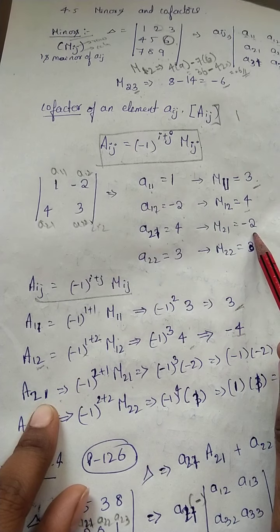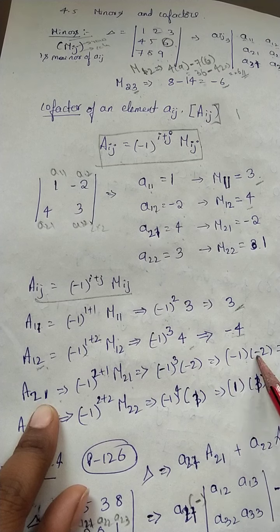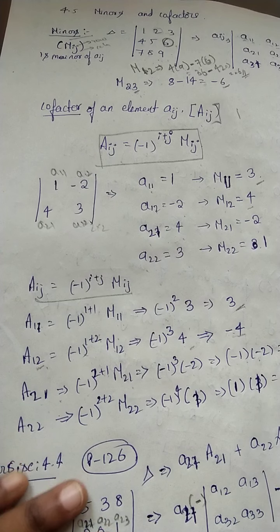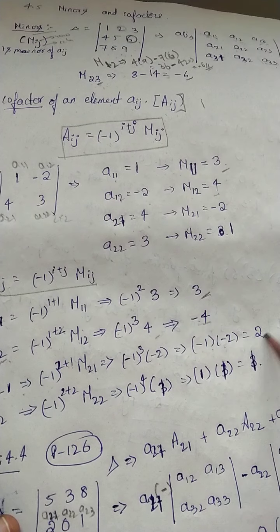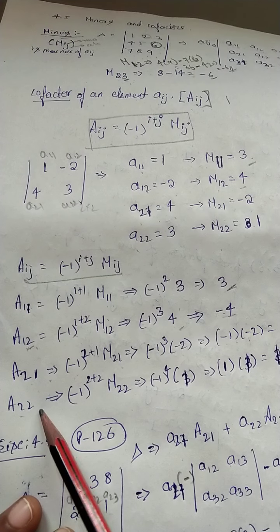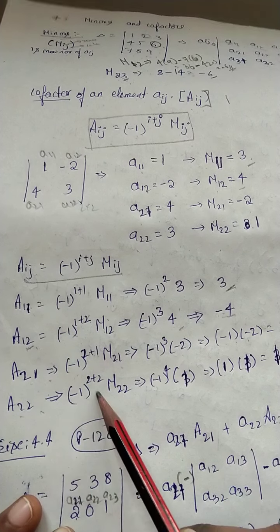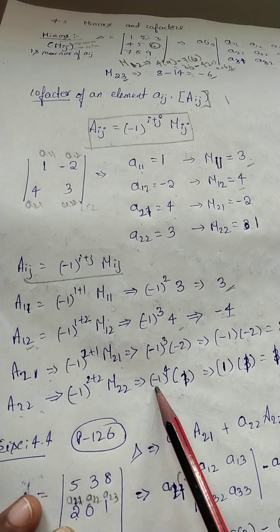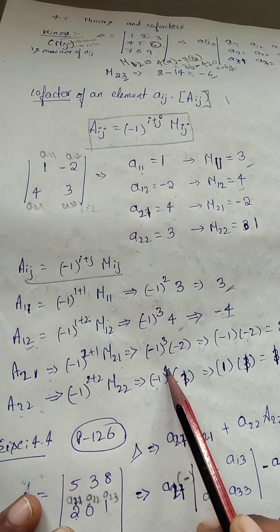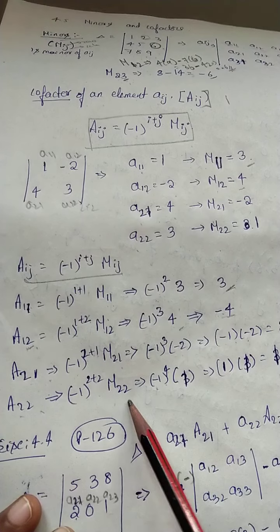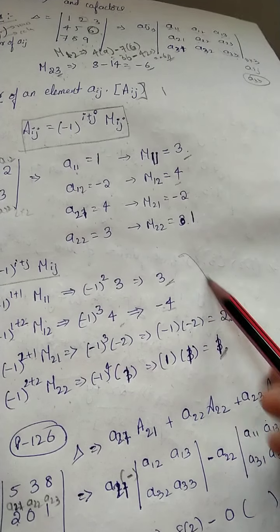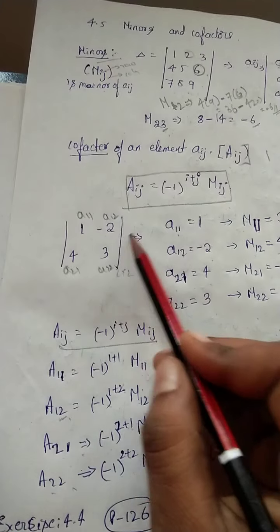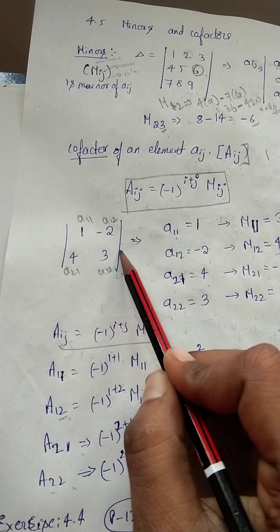M21 value is minus 2, so minus into minus gives positive 2 as the next cofactor value. Now A22 is minus 1 to the power 2 plus 2, that is minus 1 to the power 4, which is positive 1, and M22 is 1, so 1 into 1 is 1. So these are all the cofactor values for this given 2 cross 2 matrix.